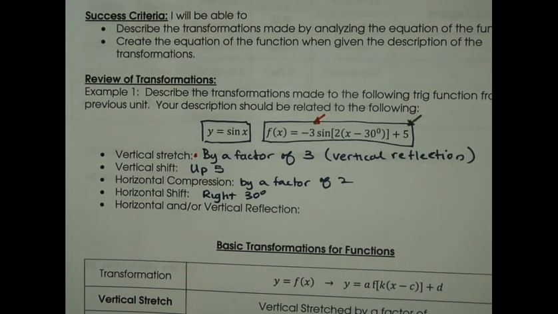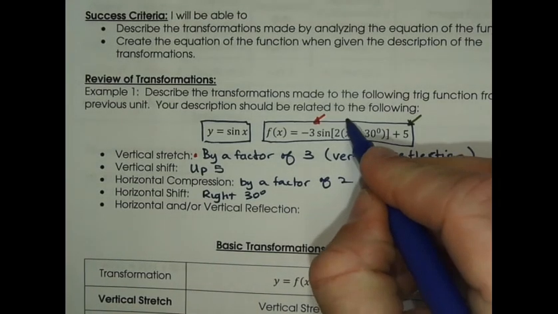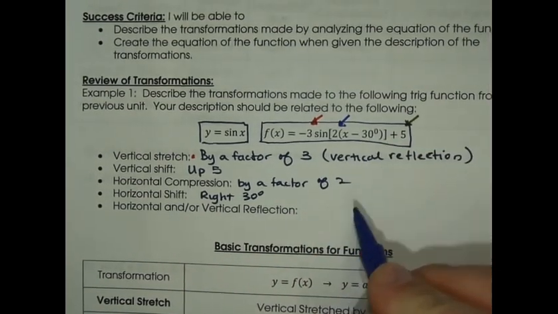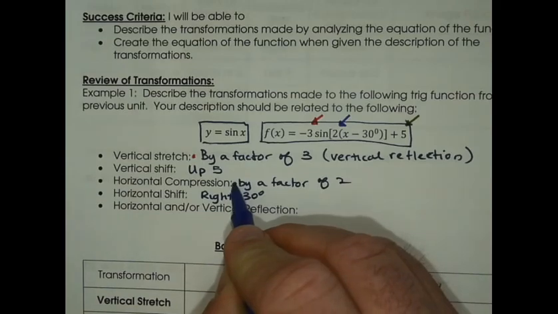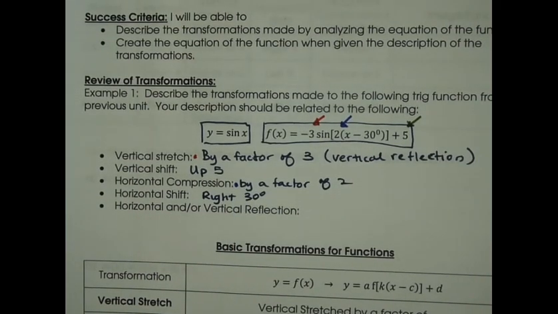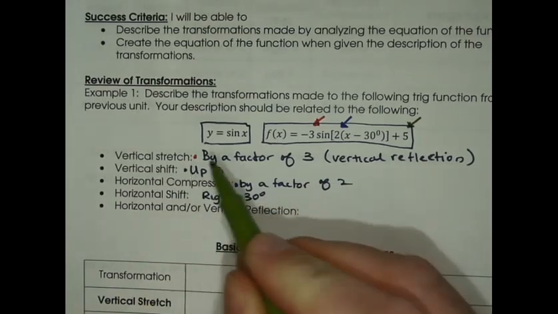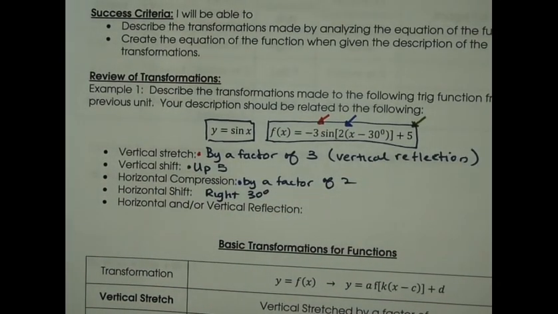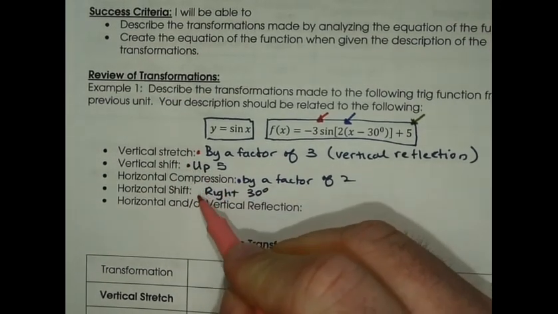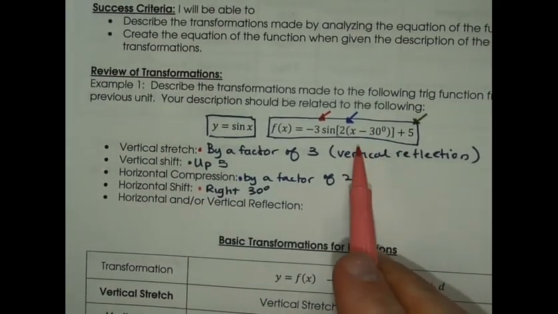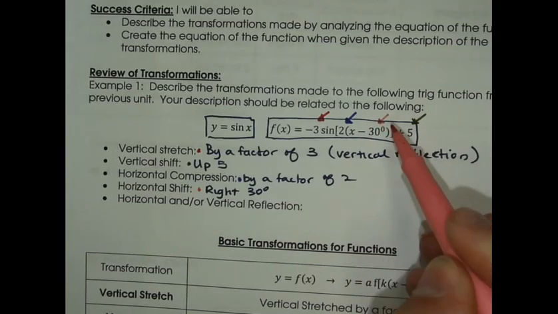We had a horizontal compression of 2, so that told us that piece, and we were shifting right 30 degrees. So that's something that we have learned already, and we know those locations.